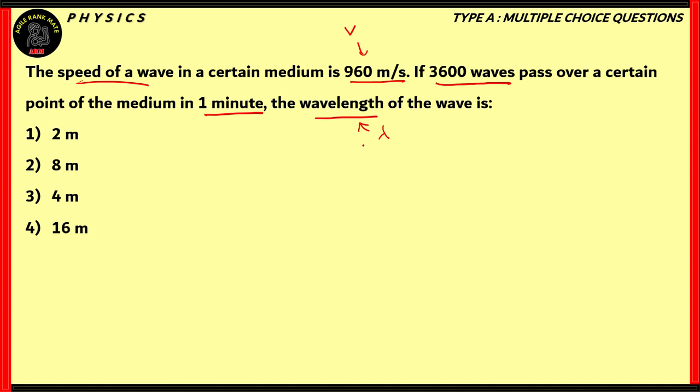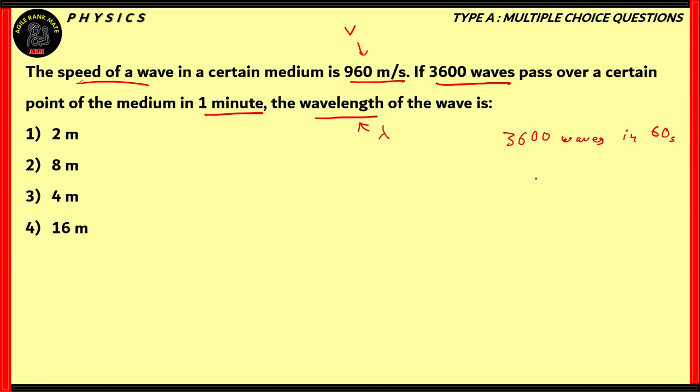However, before we delve into the relation between v and lambda, let's look at the second statement. If 3,600 waves pass over a certain point of the medium in 1 minute. So what it says is you have 3,600 waves in 1 minute. We also know that 1 minute is equal to 60 seconds.